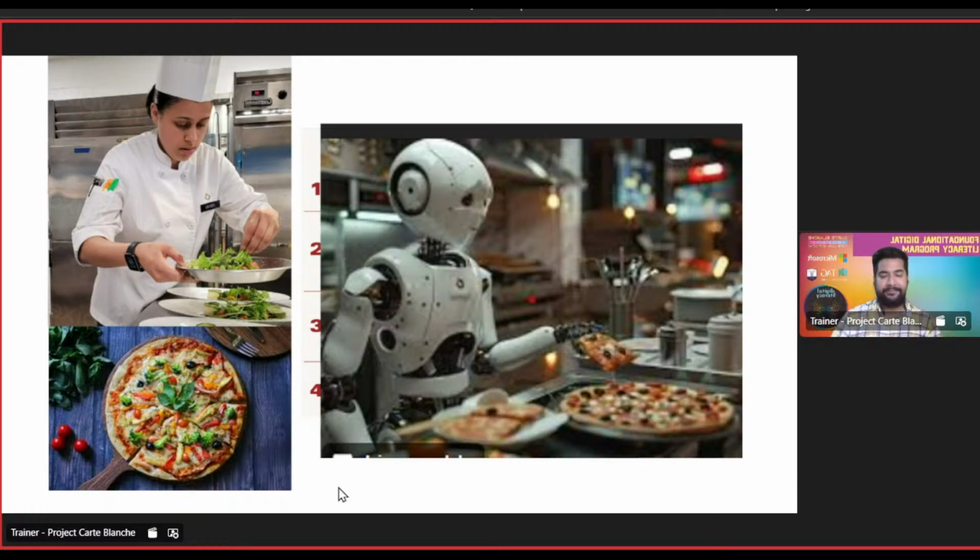All the recipes are fed into the system, and initially it is trained on how to make it step by step. Later the process is written in such a way that whatever pizza people are searching for, it has the data system, a search engine inside it, which can search the recipe and try it out.